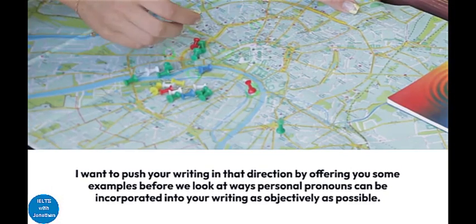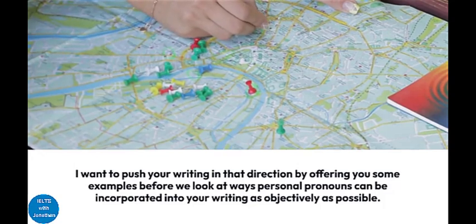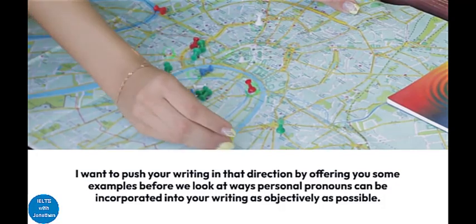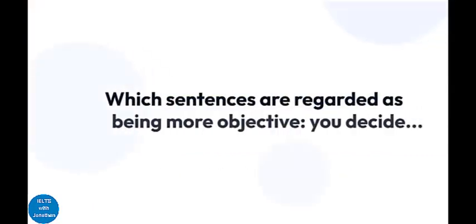I can try to push your writing in that direction by offering you some examples before we look at ways personal pronouns can be incorporated into your writing as objectively as possible.